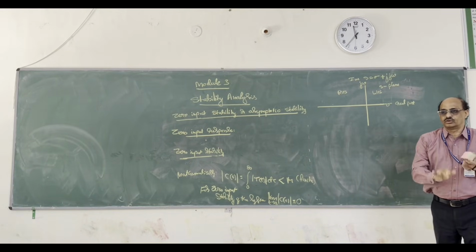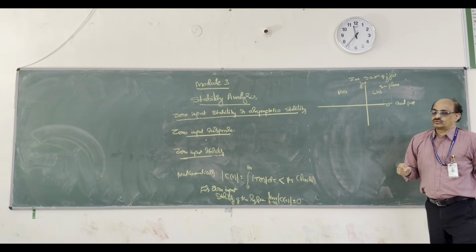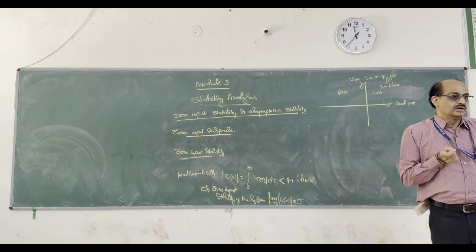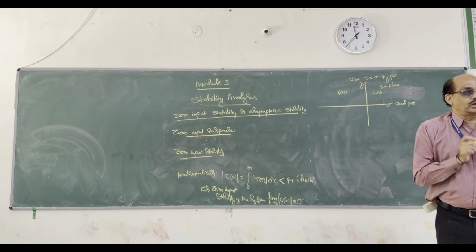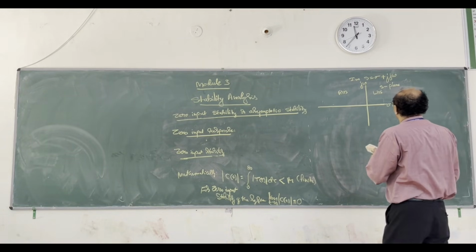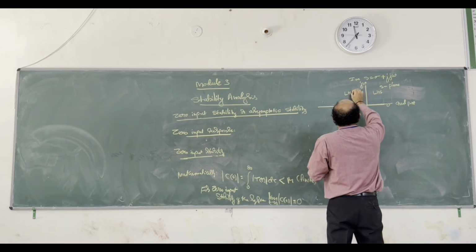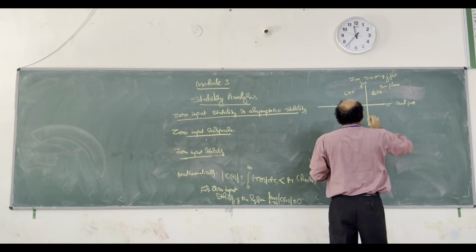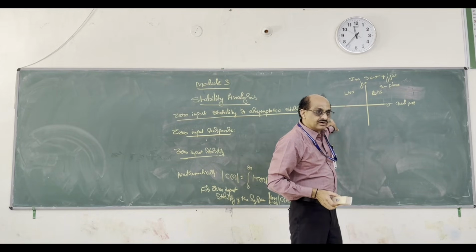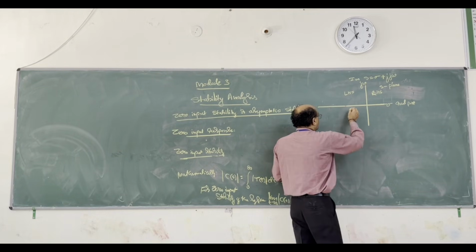So a system is said to be zero input stable when all the roots are in the left half of the S plane.